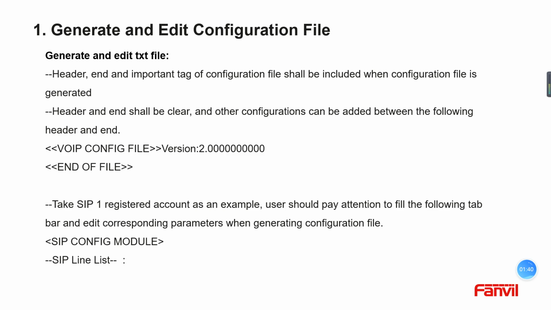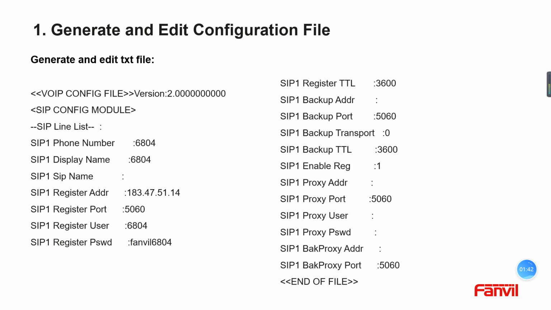Except the head, the real IP configure file, and the end of the file, all of the other account information is included, like the account line, register address, password, register port, and so on.